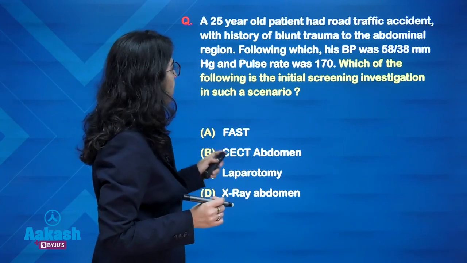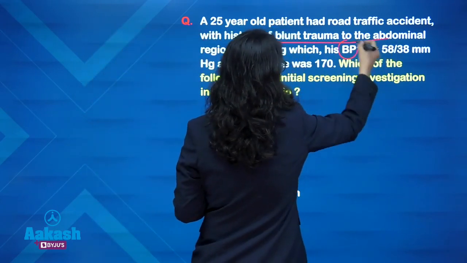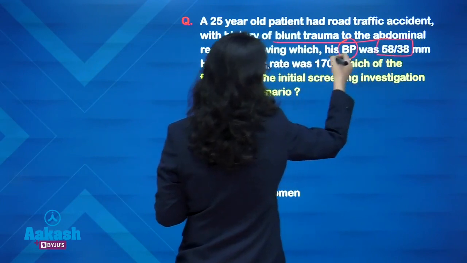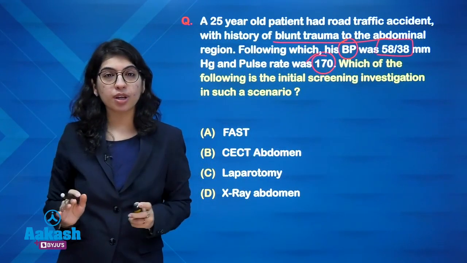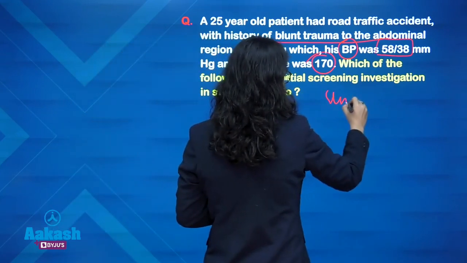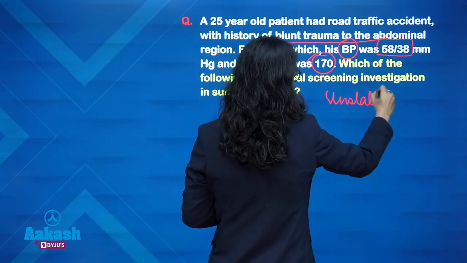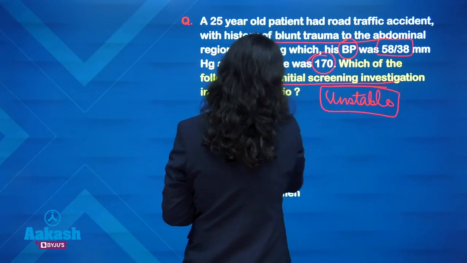Now see the question. Same question I've given you, blunt trauma abdomen. Now the BP of the patient is 50/38, pulse is 170. The patient is a case of blunt trauma abdomen, but the vitals are now unstable. What will be your initial screening investigation?